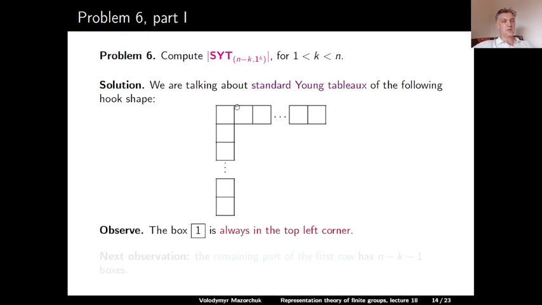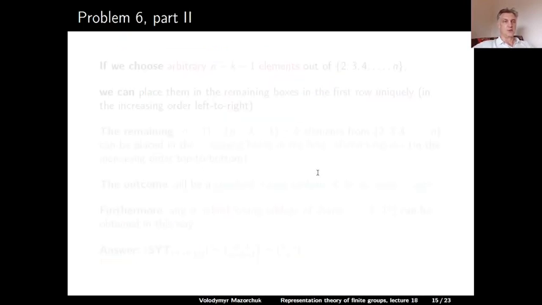And we can observe that the box 1 must be in the top left corner. In the remaining parts, we have n-k-1 elements in the first row, and then k elements in the first column.